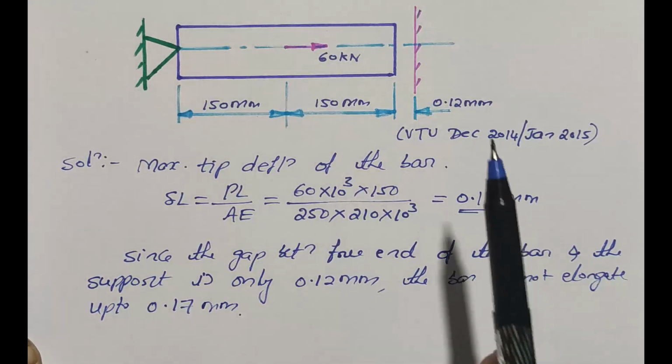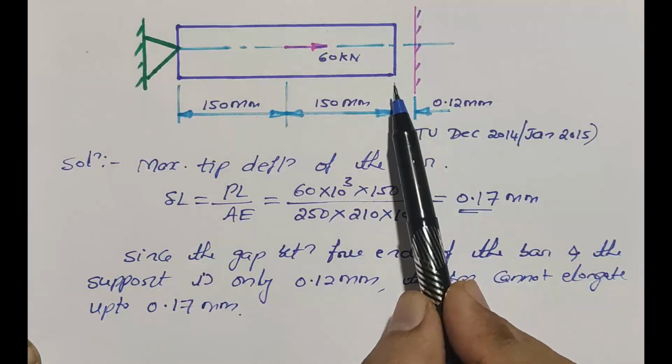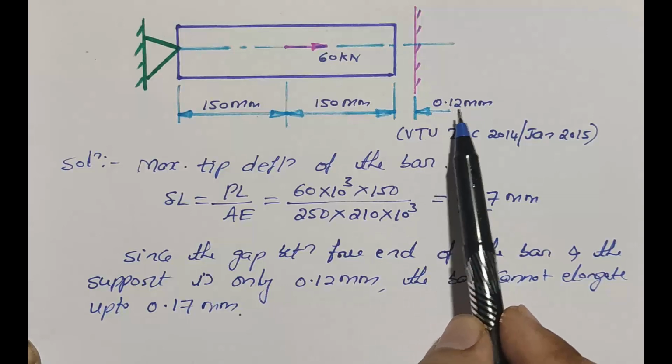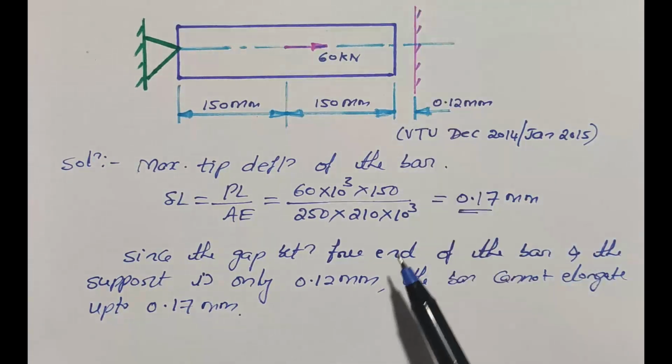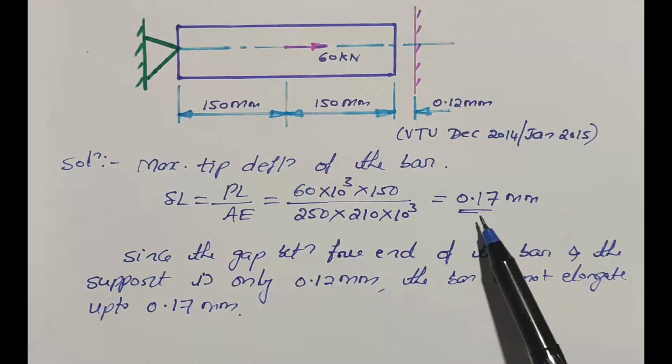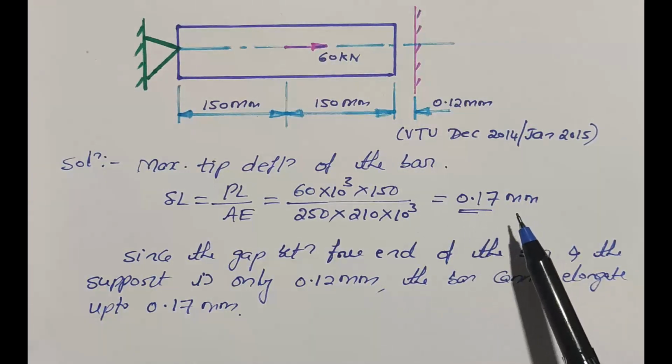Means the maximum tip deflection of the bar is only 0.12 mm. So because of this support, the bar will not extend up to 0.17 mm.